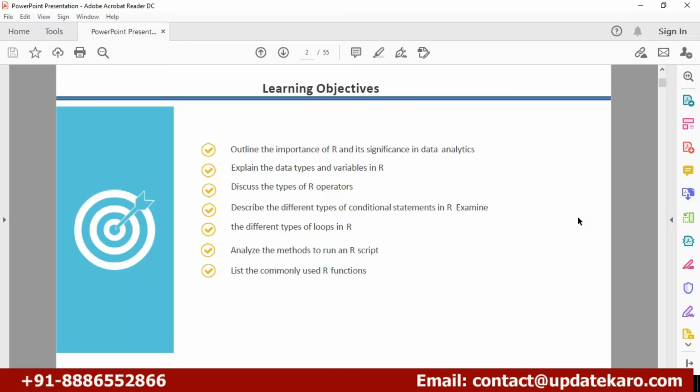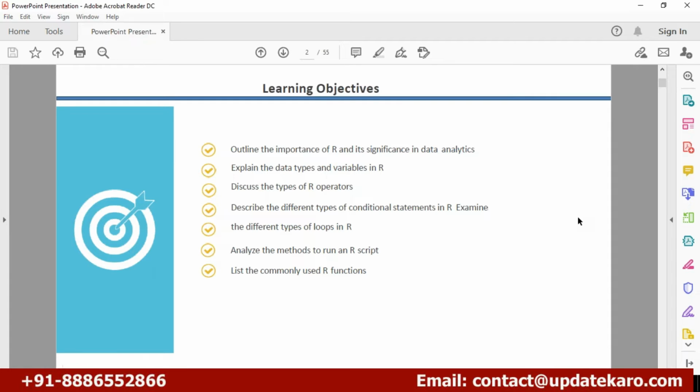So these will be our learning objectives: outline the importance of R and its significance in data analytics, explain the data types and variables in R, discuss the types of R operators, describe the different types of conditional statements in R, and then examine the different types of loops, right?